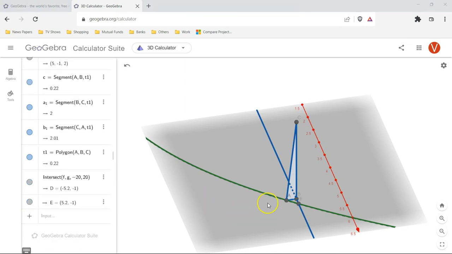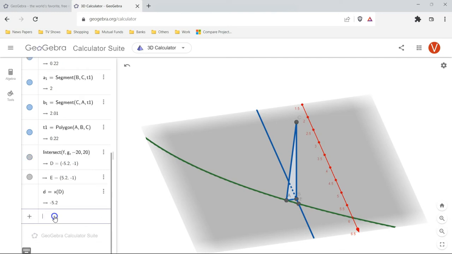It doesn't matter. You just have to make sure that it falls between the intersections of these two curves. Okay. So now what else? We want the x values of these 2 points, right? So pretty straightforward, x of b and x of e. So you see point -5.2 and 5.